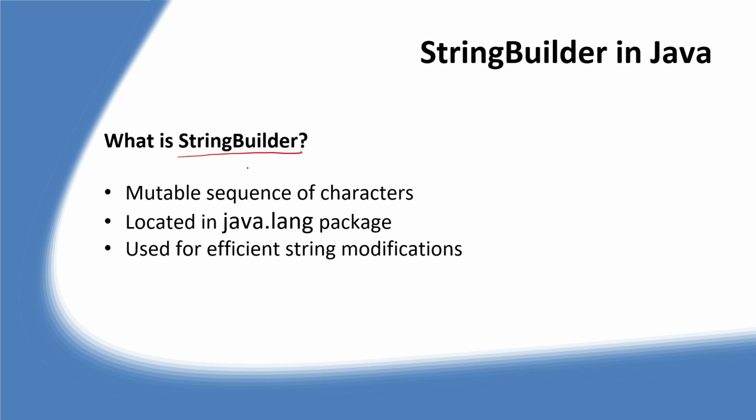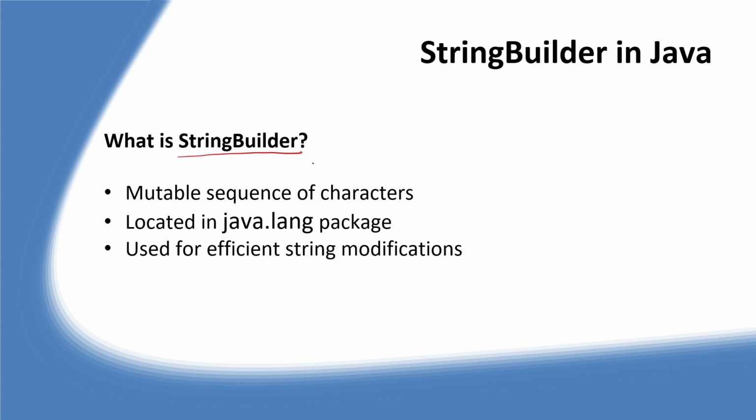StringBuilder is a class in Java and it is used to create and manipulate strings efficiently. Unlike string objects, as we have seen, we cannot modify a string, that is immutability.